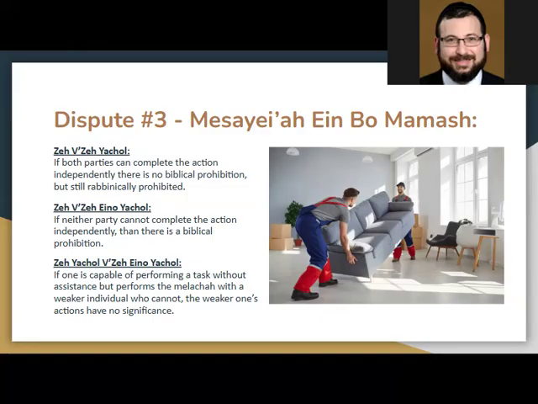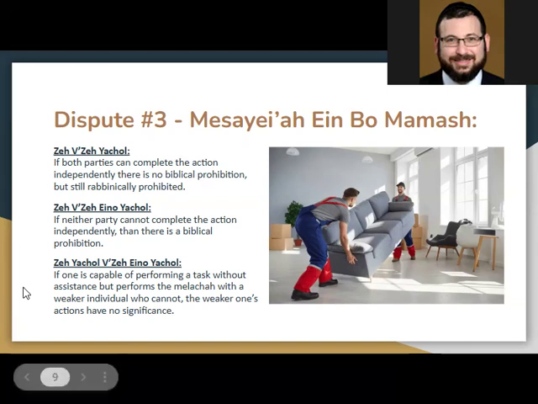Let's imagine that you have two parties who are engaged in some kind of Shabbos prohibited behavior. They're doing something together, and each one of them independently could effectively do the act. This is something that comes up on occasion. Let's say there's a light in the refrigerator that will turn on if you open the door.